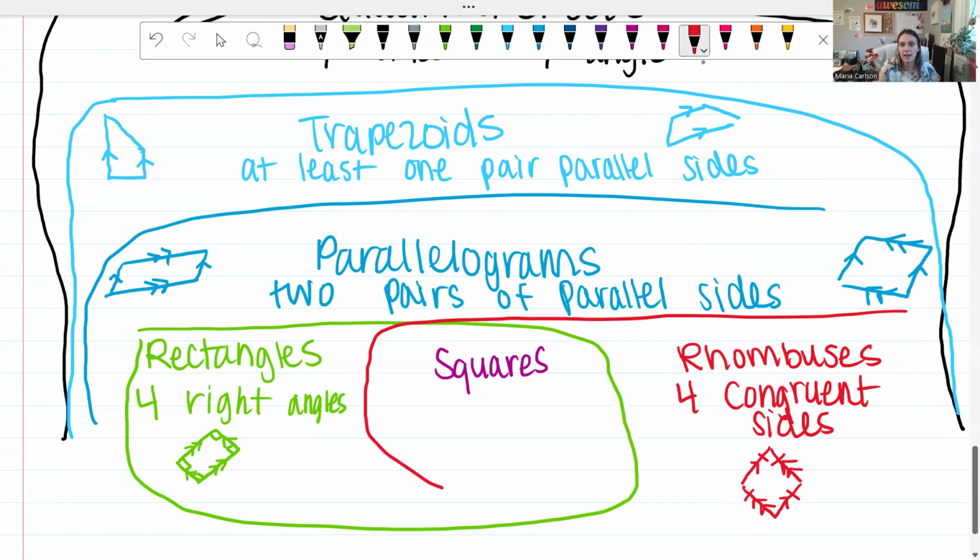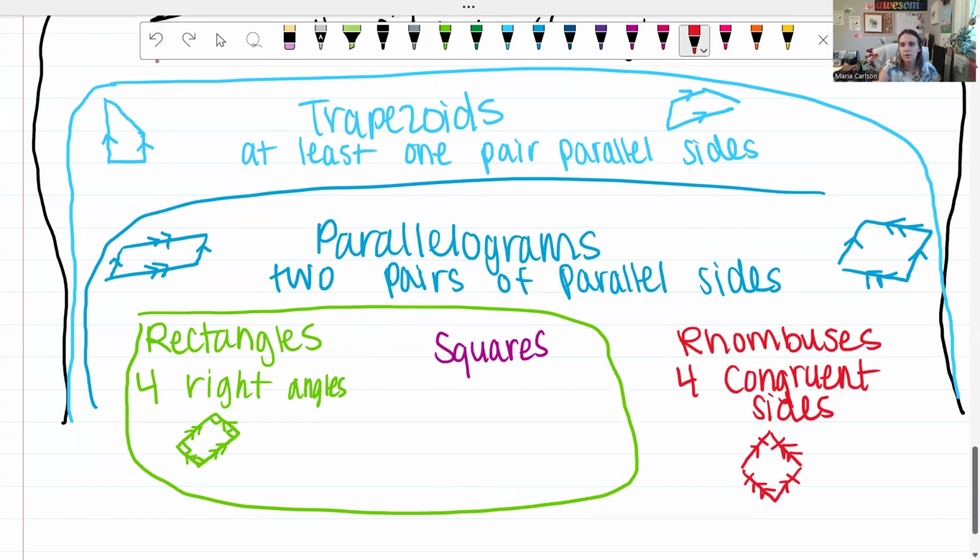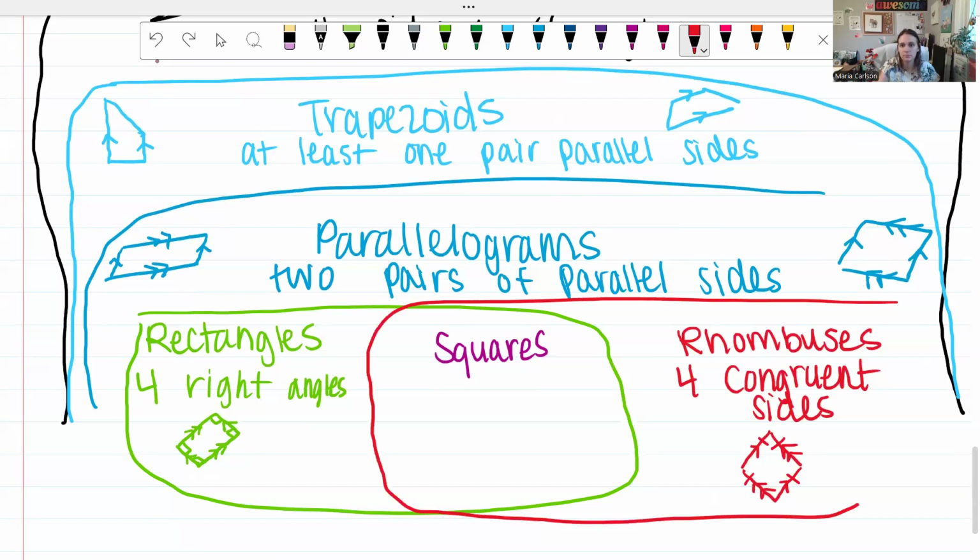So squares have those two pairs of parallel sides. They have four right angles, and they have four congruent sides. So four congruent 90-degree angles. If they are all the same, or if they're all right angles, they are all congruent.